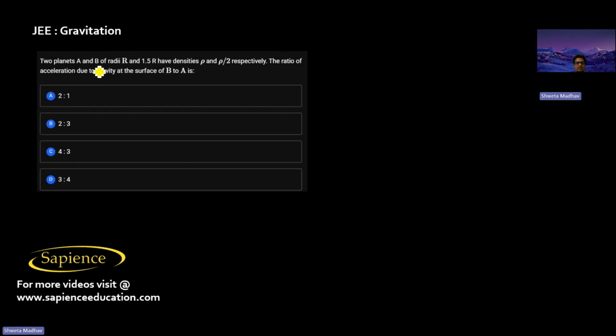It is told that two planets A and B of radii R and 1.5 R have densities rho and rho by 2 respectively. The ratio of acceleration due to gravity at the surface of B to A is asked. Acceleration due to gravity is given as GM by R square. So mass is the density into volume, 4 by 3 pi R cube, divided by R square.